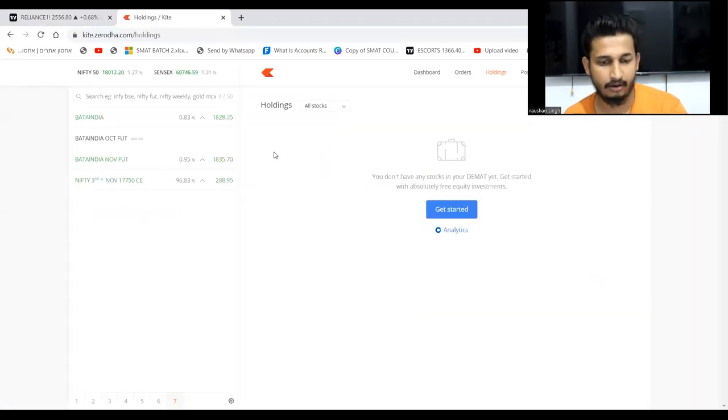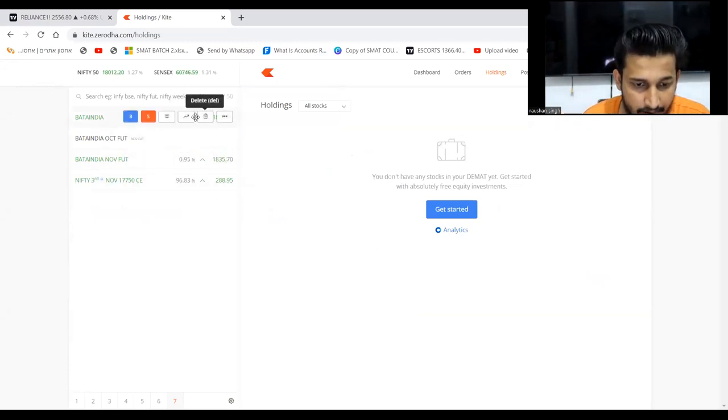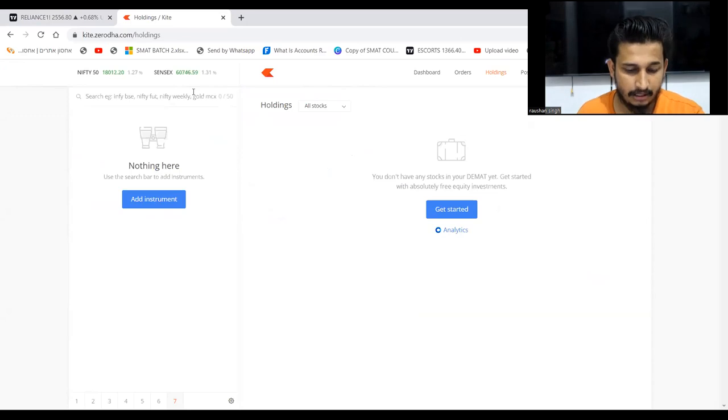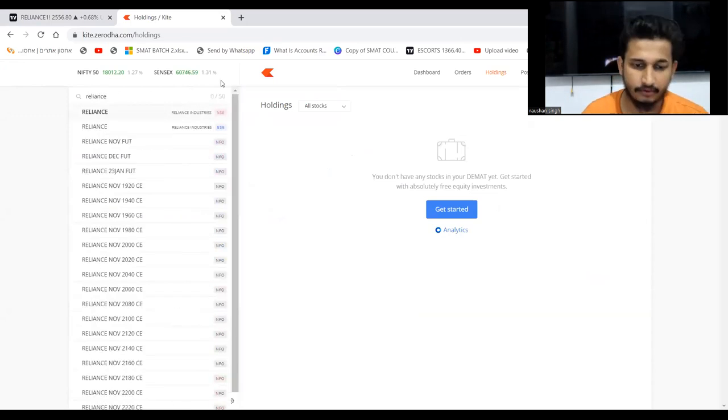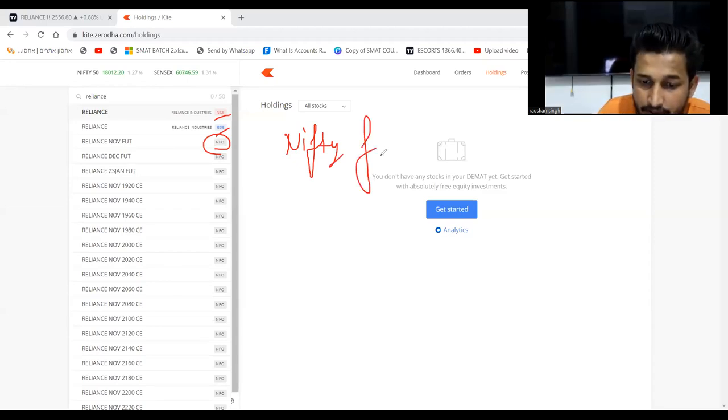Now over here, let's say I type Reliance. You already know about NSE and BSE. This NFO stands for Nifty Futures and Options.